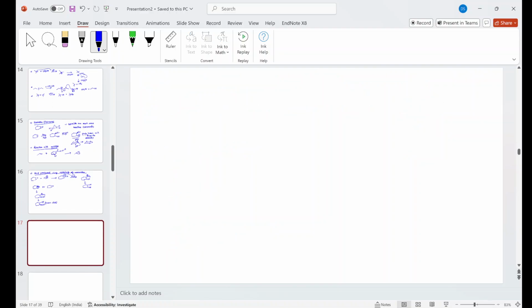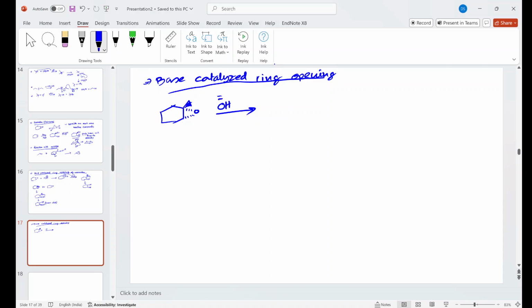Okay, so this was acid catalyzed. Similarly, you can have base catalyzed also. Say if you have this one, you are reacting with the base.